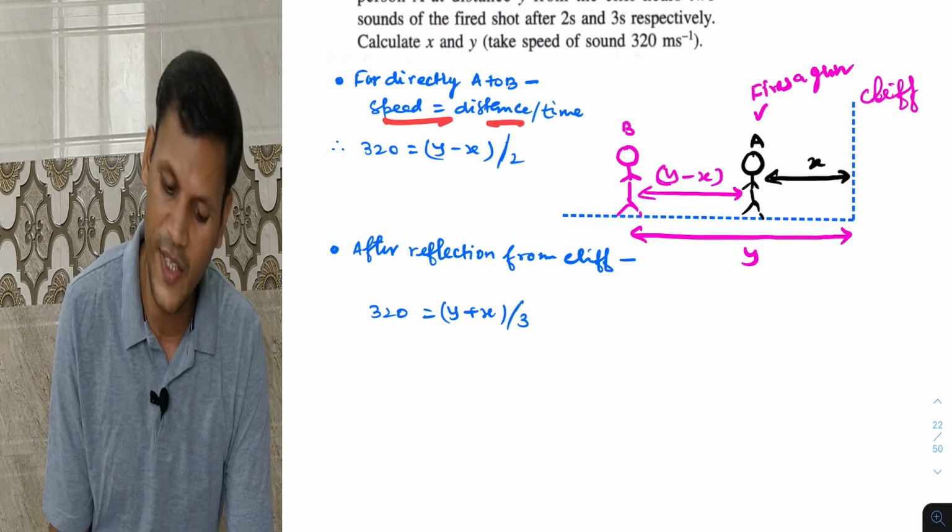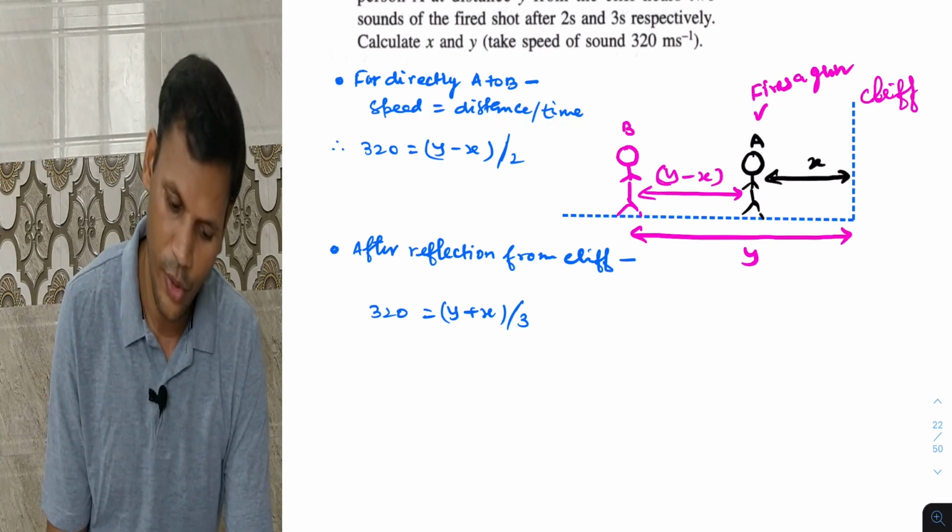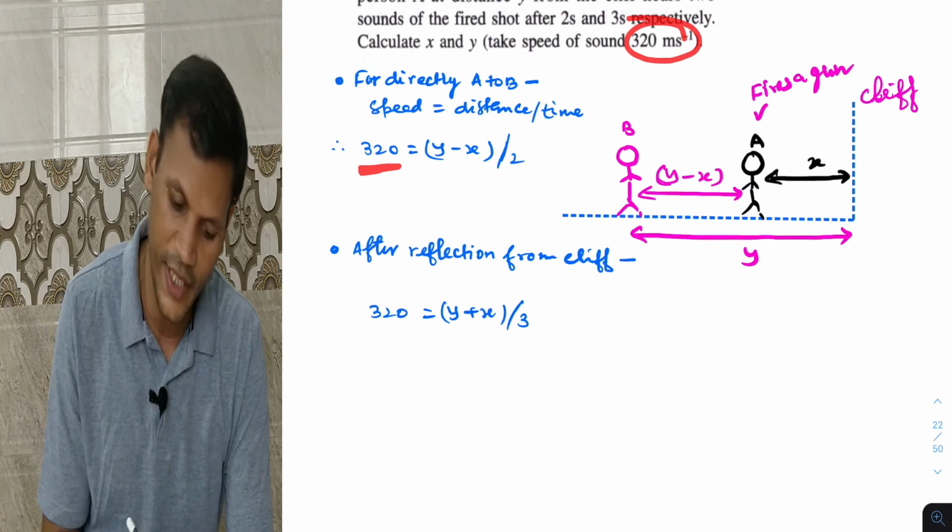So speed is distance upon time. So speed is 320, it is already given.